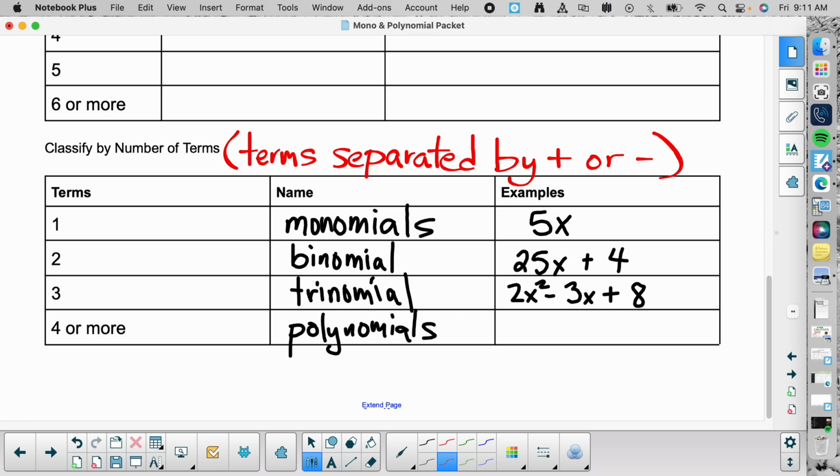I didn't write an example for polynomials. Do you need me to, or do you guys feel like you can make your own? Good. I would like you guys to try to write your own example for polynomials.